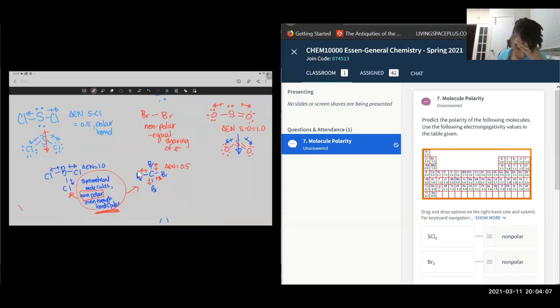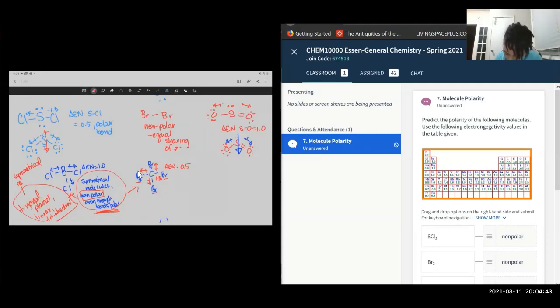So let's say trigonal planar, linear, and tetrahedral. These are all symmetrical shapes. And it matters. It would have to be all the same, like each atom attached would have to have the same electronegativity in order for the whole entire molecule to be non-polar.